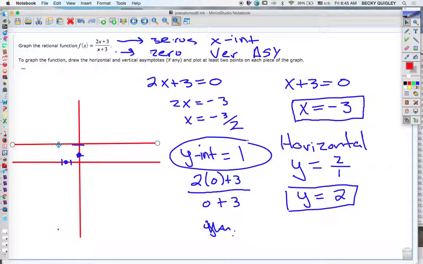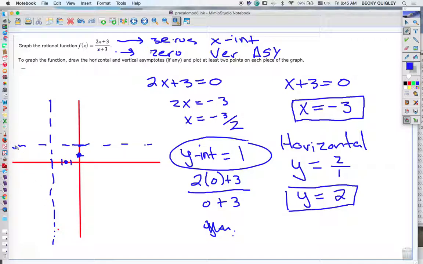A little too much red going on there. All right. Good news is if I go too slow on things, you can just fast forward me when it's a video. Okay, so we have a horizontal asymptote at y equals 2 and a vertical at x equals -3.